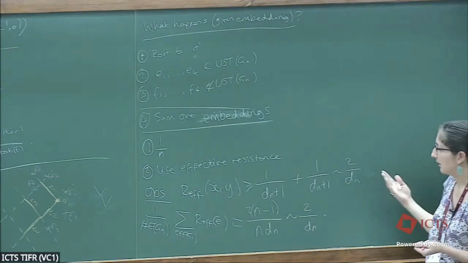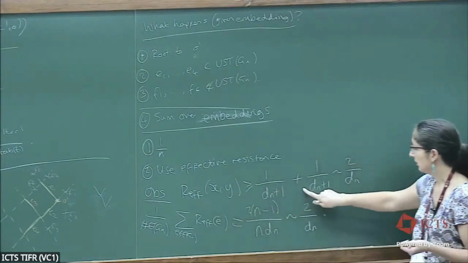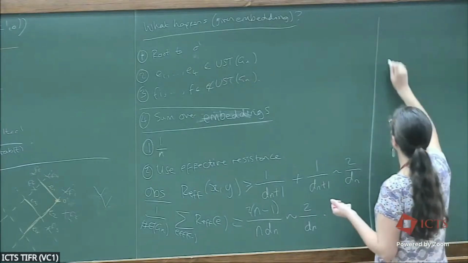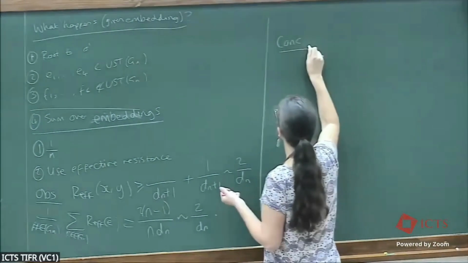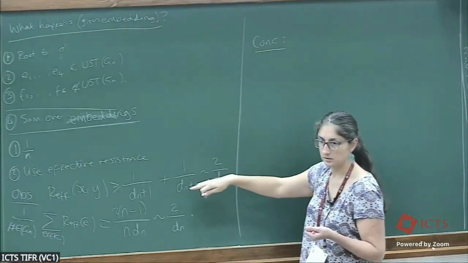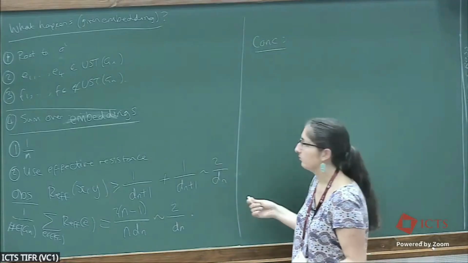To say that formally, you can use Markov's inequality on the difference between this and this. The conclusion is that this is a very good approximation of the effective resistance, and I'm going to use that approximation in the calculations that follow.